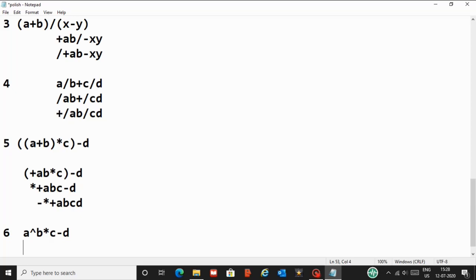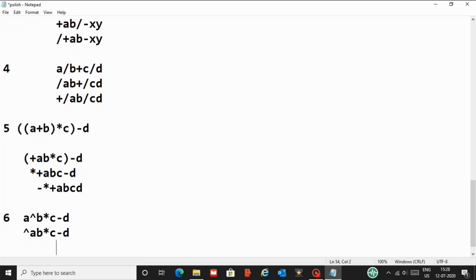So, which has the highest priority? Exponent, right? So I will be doing that first. I will say exponent AB star C minus D. And then now I have to do star as well as minus. Which has the higher priority? The next higher priority, that is the second highest priority, is multiplication.